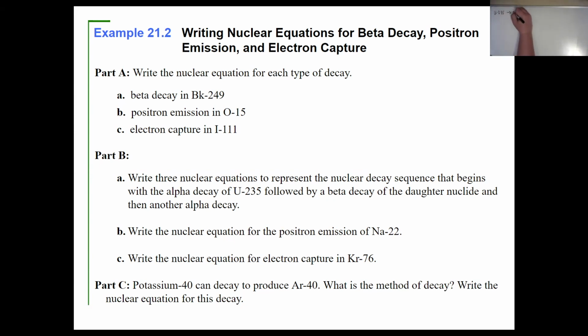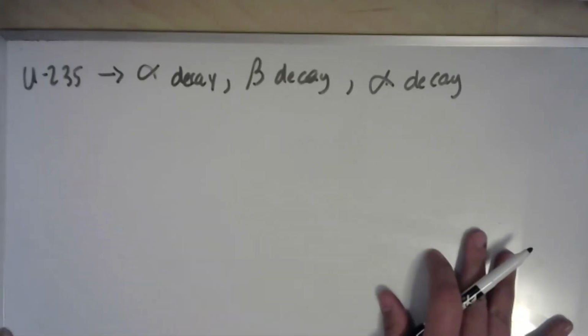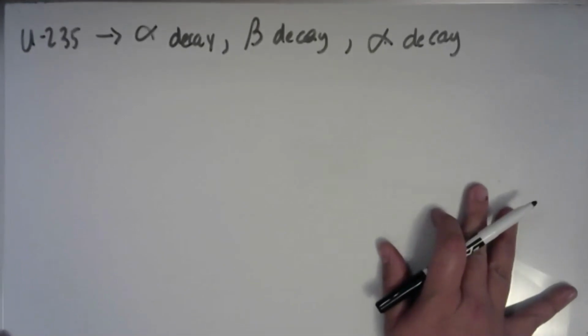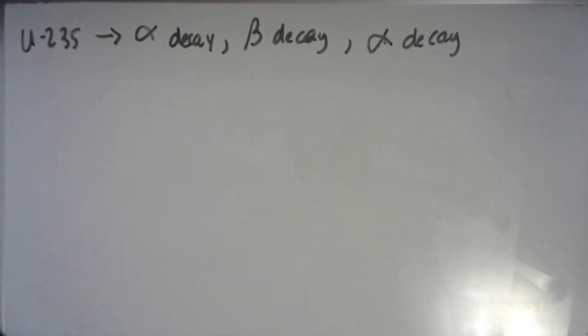And then we're having an alpha decay, a beta decay, and then another alpha decay. Okay, we'll start there. So we're looking at this entire process. Okay, I love questions like this. I think that these nuclear or radiation questions are so fun.